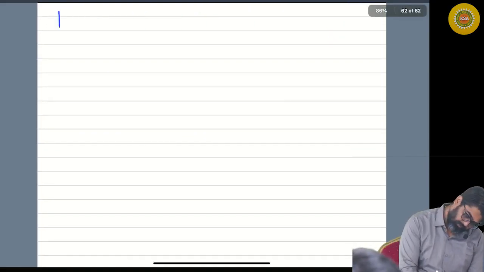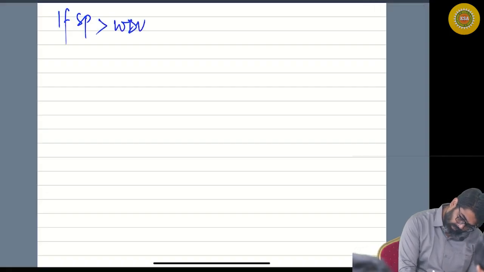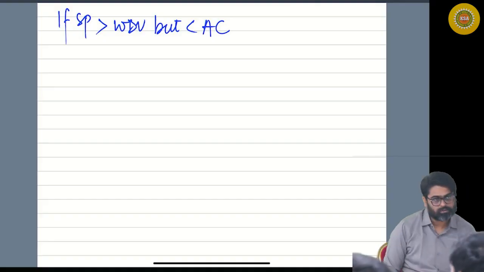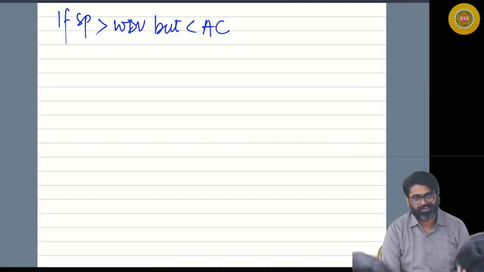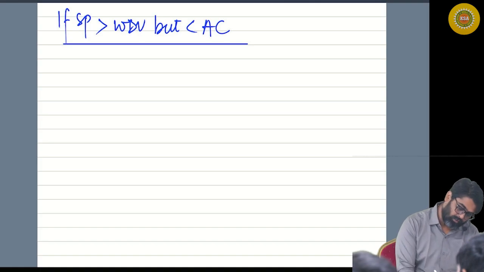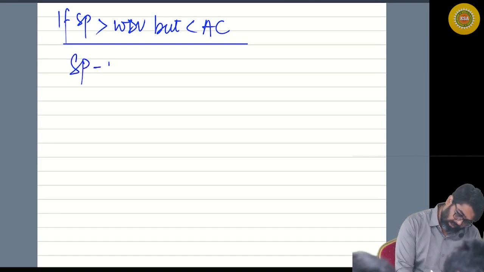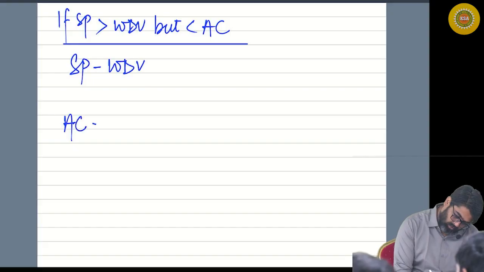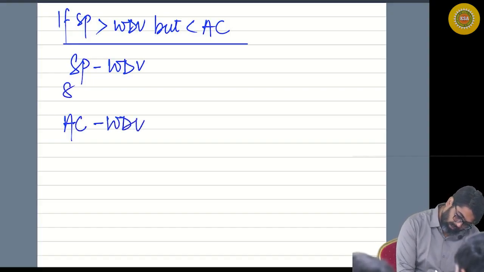Now, if selling price is more than WDV, but it is still less than actual cost, possible? So here what are you going to do? Here you are supposed to take selling price minus WDV, and actual cost minus WDV. What was your selling price? 85.